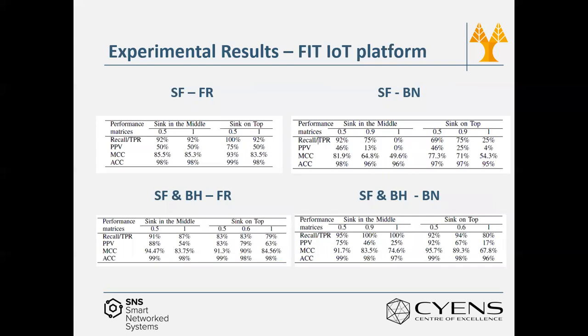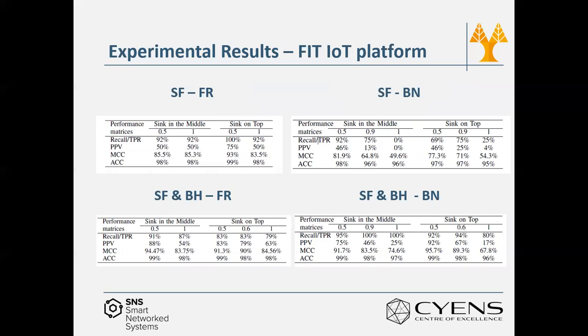The current slide presents the results of the BLR when deployed in the IoT platform. The tables on the top row show the results of the selective forward attacks. In the forward duration, when the sink is in the middle, as the decision threshold increases up to 1, the performance metrics are the same.